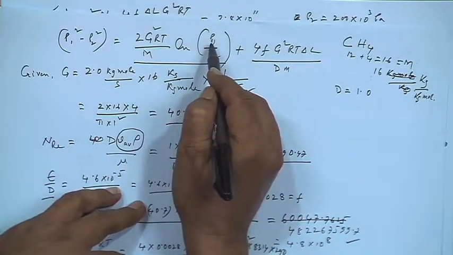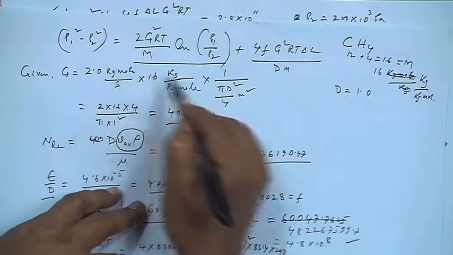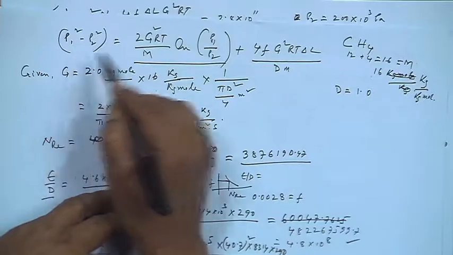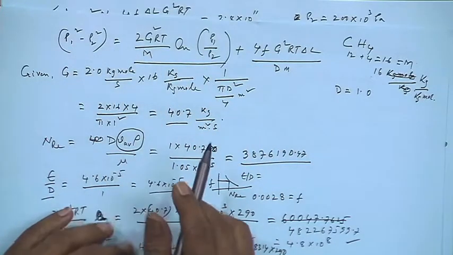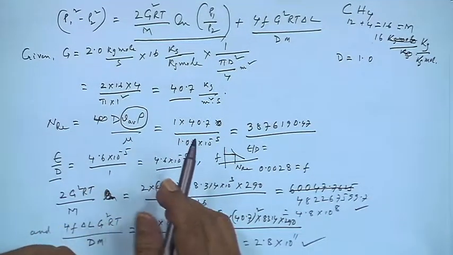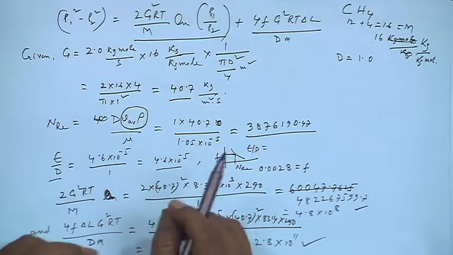So take one P1 assumption and find out the real value of P1. When the assumed and real values are very close, accurate to the first or second decimal, then we can say it is done, to whichever decimal you like. This way, by trial and error, you have to find out the pressure.